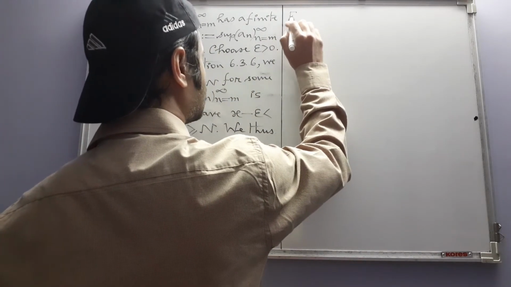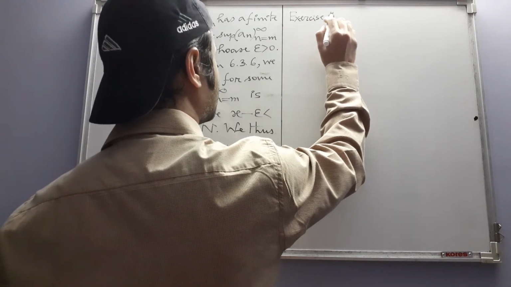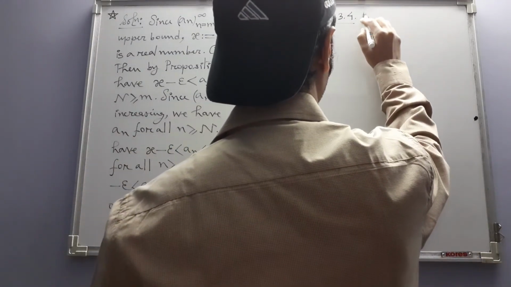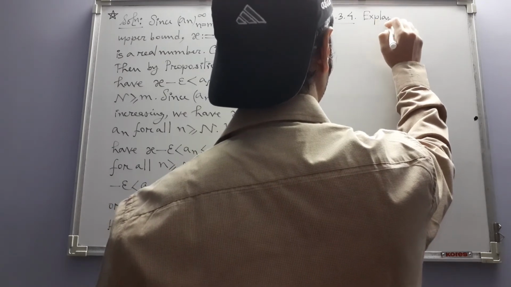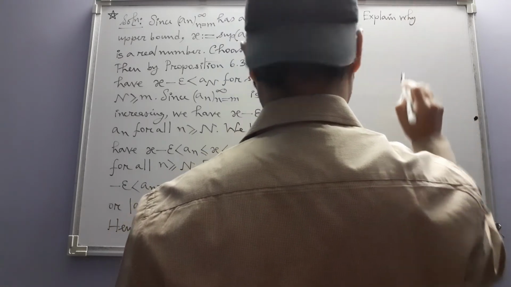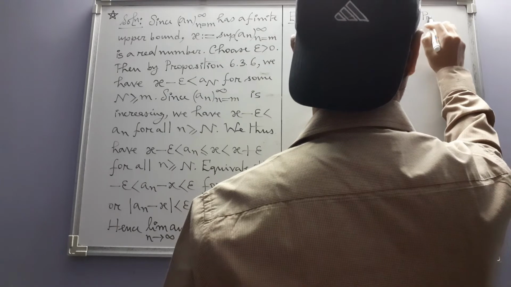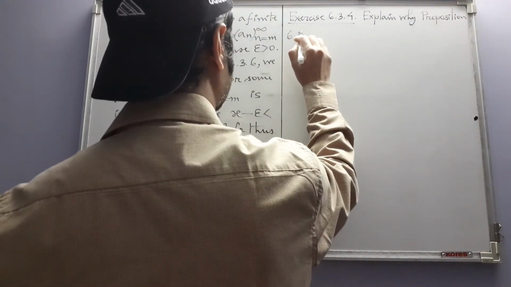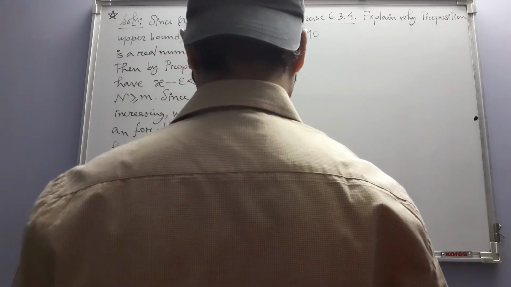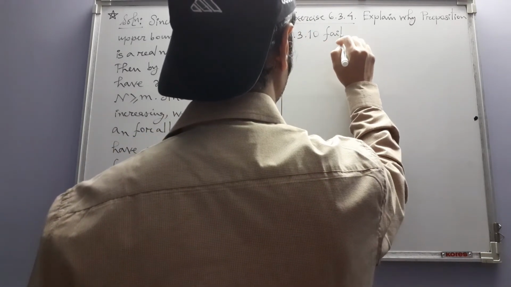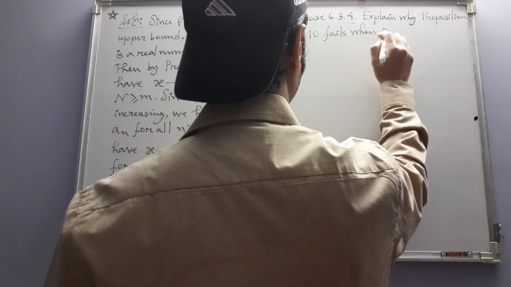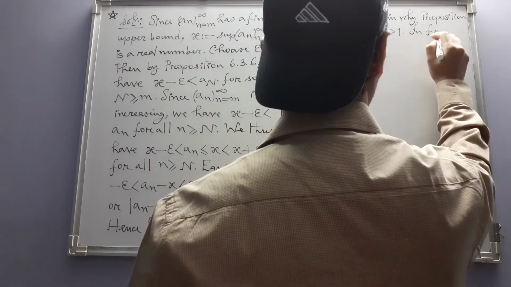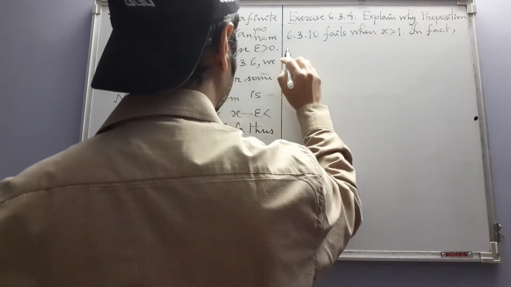And finally, we have this exercise. Explain why proposition 6.3.10 fails when x is greater than 1.